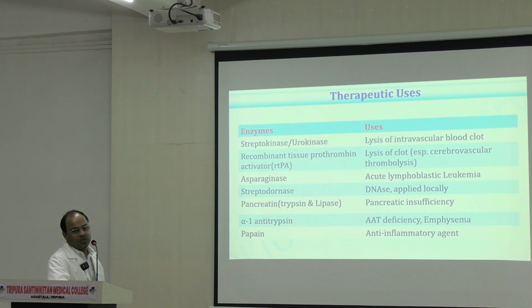In infarction type of CVA, you are nowadays using rTPA. Asparaginase in acute lymphocytic leukemia. This is actually an enzyme, but also working as a drug, used as a drug for treatment.